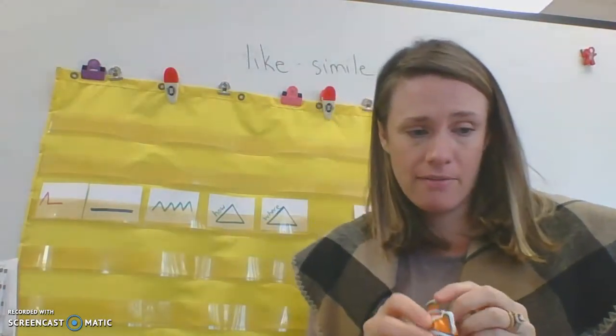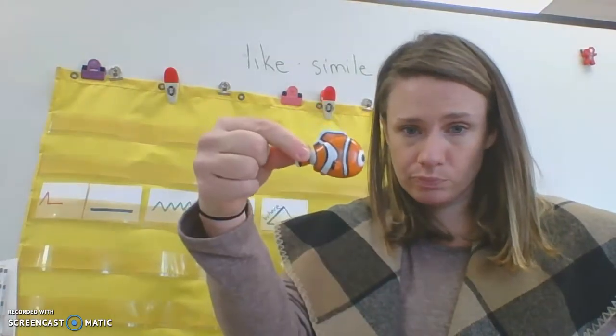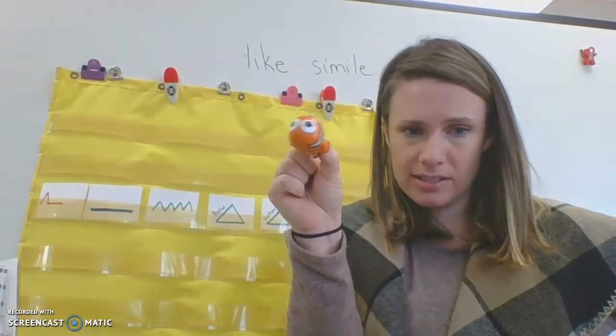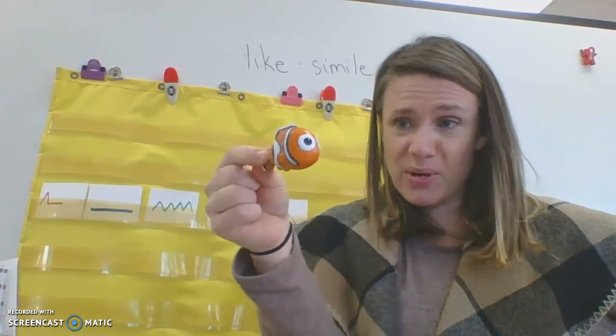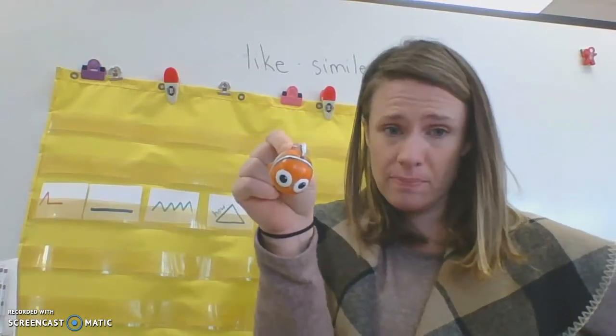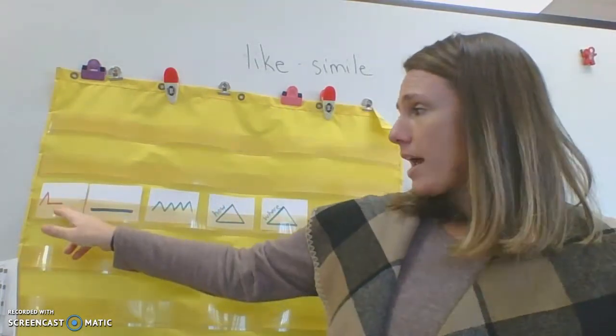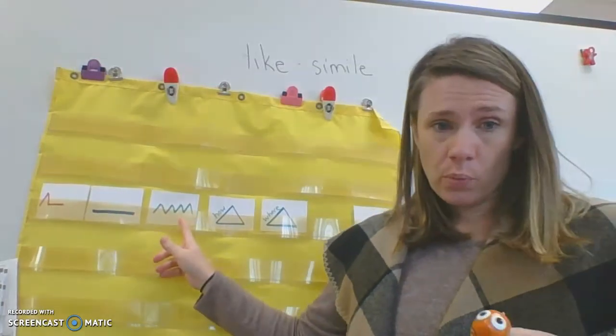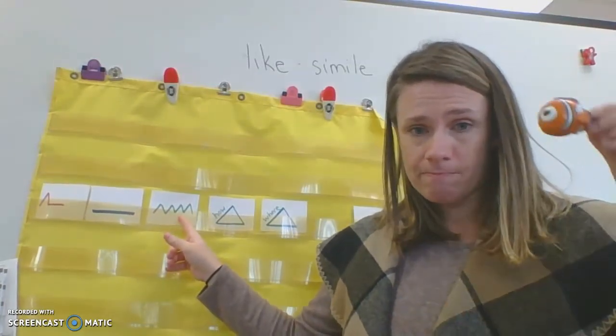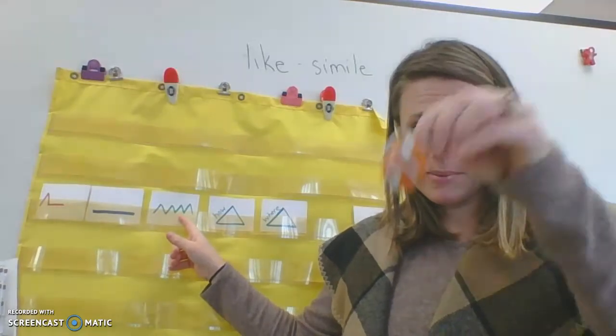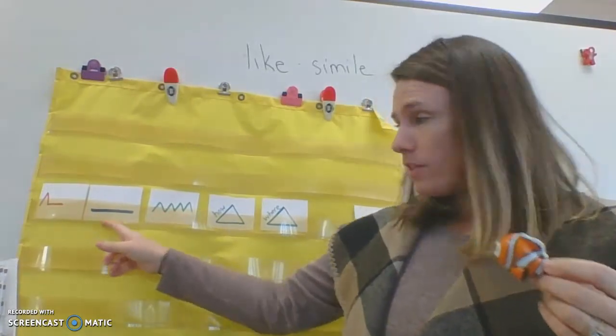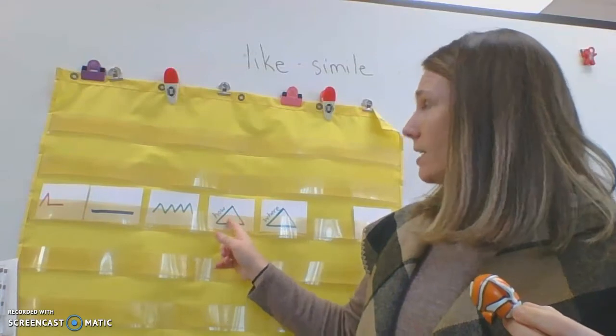So I have a subject for you here. What might you call this subject? Fish, or you could call it Nemo, the proper noun. Okay, so let's give it a try. The fish, what do you want the action to be? Maybe swims, okay? The fish swims like what?